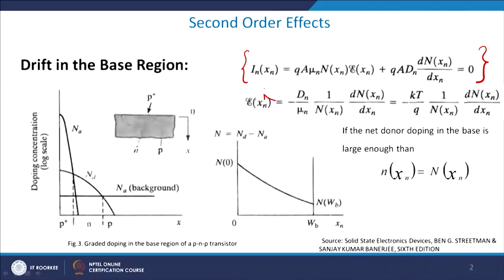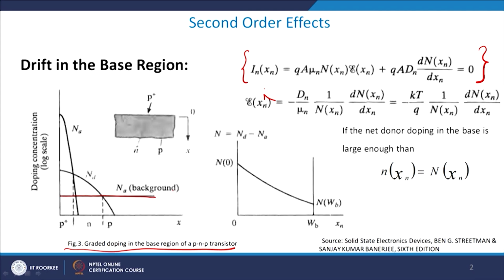If you go back to this slide and look at figure 3, this is known as a graded doping. What we try to do is first make an acceptor grading, so the acceptor background is there. All of it is made p type first of all.